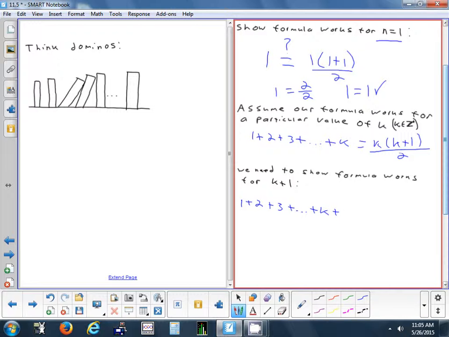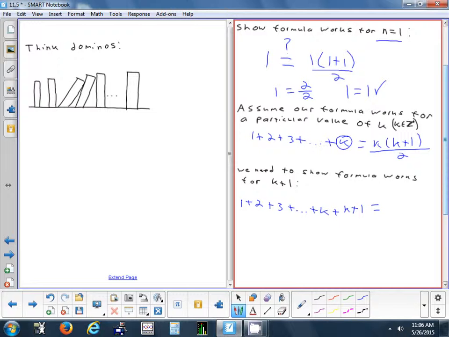Yeah? K plus 1. At this step, all you do is take what you had right here, fill in k plus 1, and then write it right after it. That's all you do. Okay, so that's the left-hand side. If we add on one more term after k plus 1.